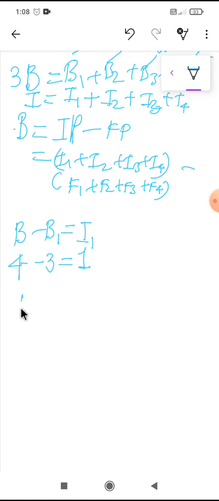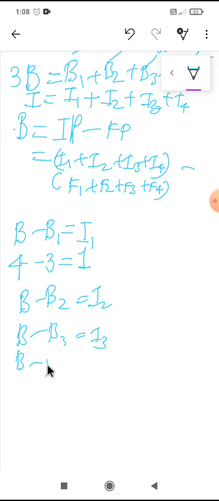Similarly, B minus B2 is equal to I2, B minus B3 is equal to I3, and B minus B4 is equal to I4.